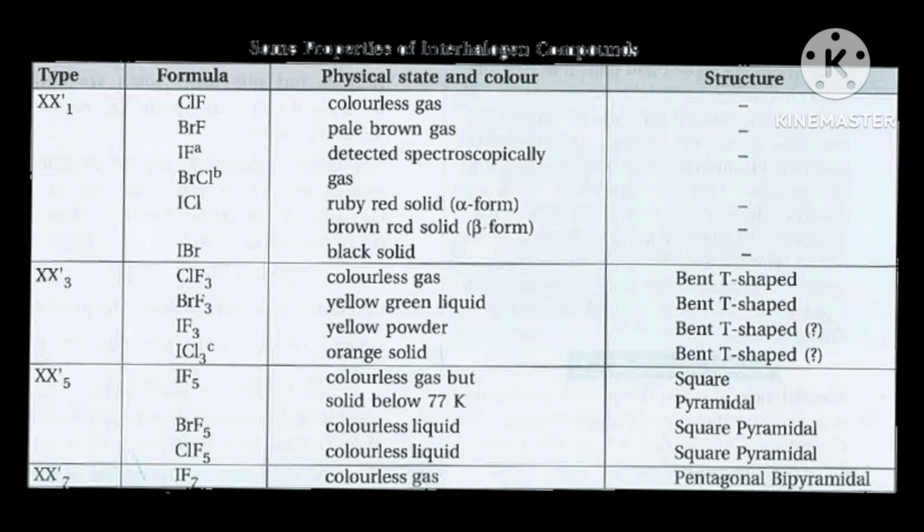The larger halogen will give anion, the smaller will give cation. The general reaction: XX' plus H2O gives HX', that is halide, plus HOX, hypohalite. This is general.